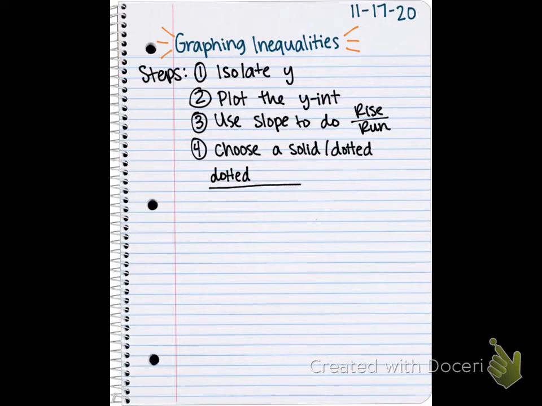A dotted line would mean you have a less than or a greater than sign in your inequality. You would choose a solid line if you have less than or equal to or greater than or equal to. What I mean by a dotted line is on a graph, your line would look like this. It's dotted across. But if you had a solid line, it would just be a normal line like you've been doing.